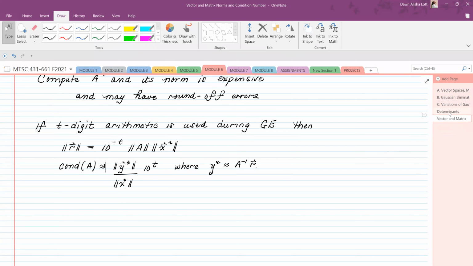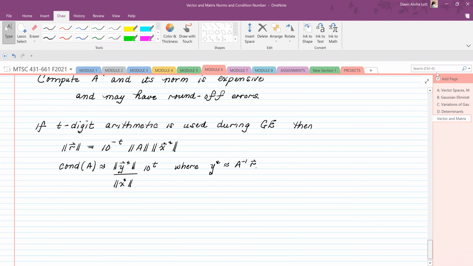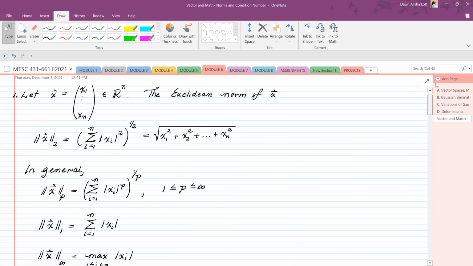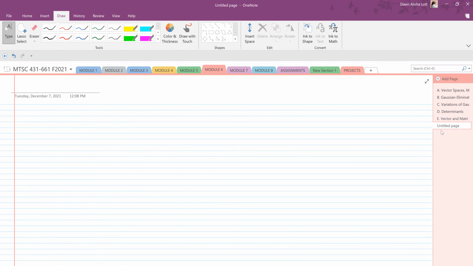So let's see, determinants should have had a D, and then vector and matrix norms and condition number should have had an E, and then this can now be F. And this is the Gauss-Jacobi and Gauss-Seidel.